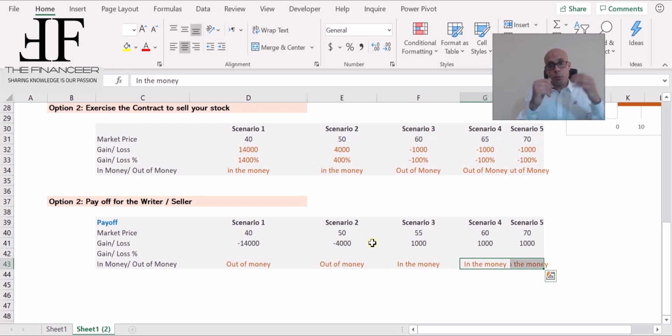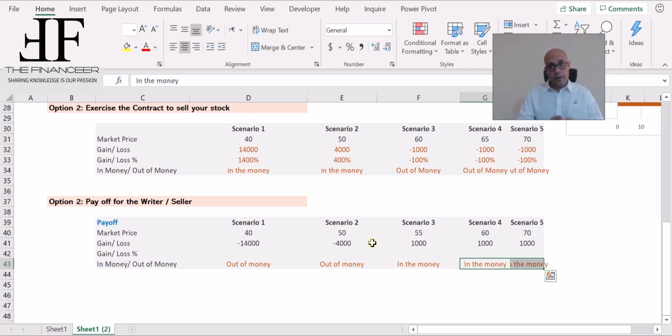The contract is between the buyer and the writer. The gain and loss of one party equal exactly the same loss or gain of the other party. If the contract for one party is in the money, it will be out of the money for the other party. So these are the gain and loss, and the payoff schedules and calculation for both of the parties.